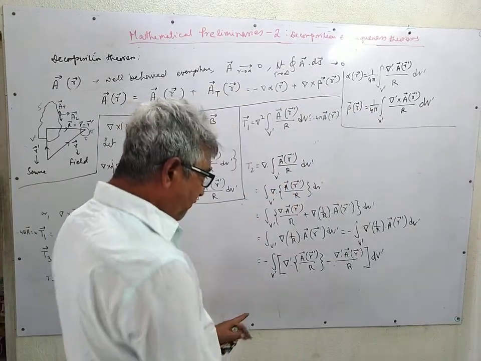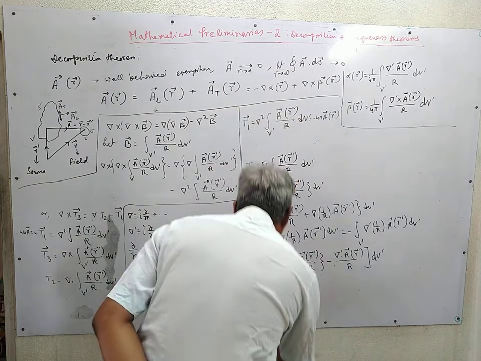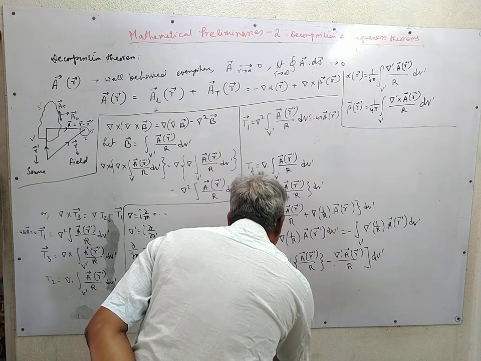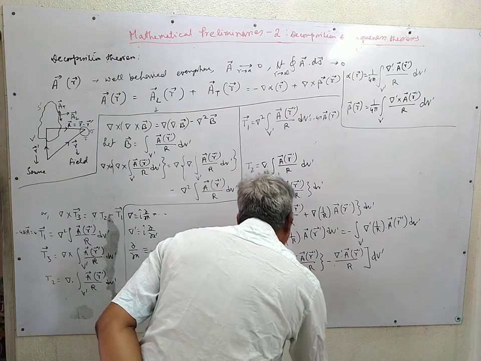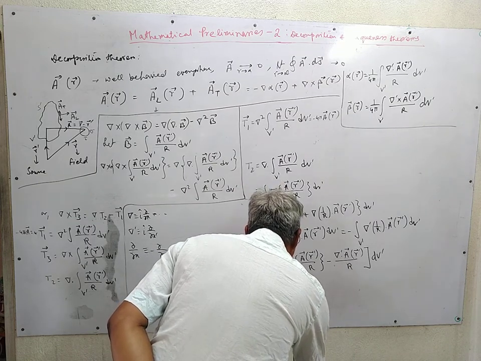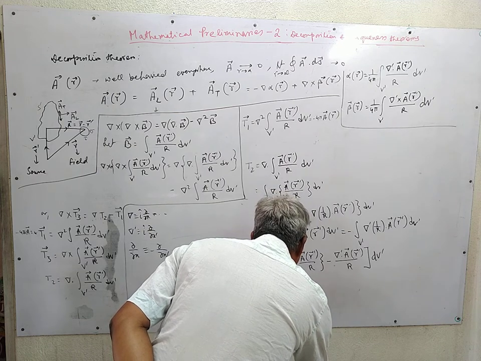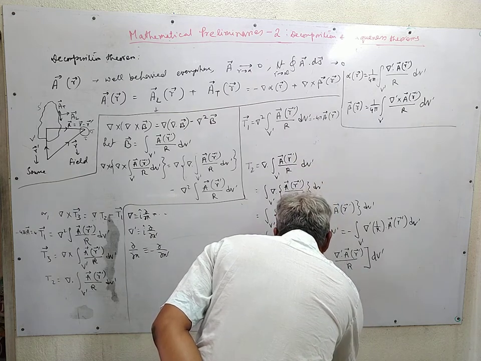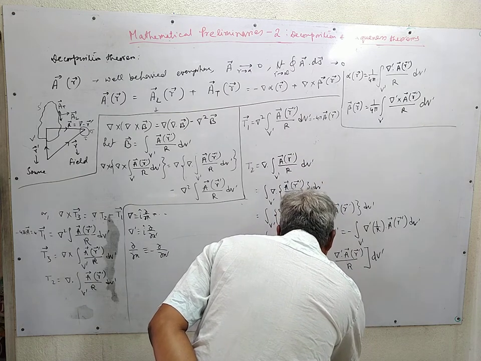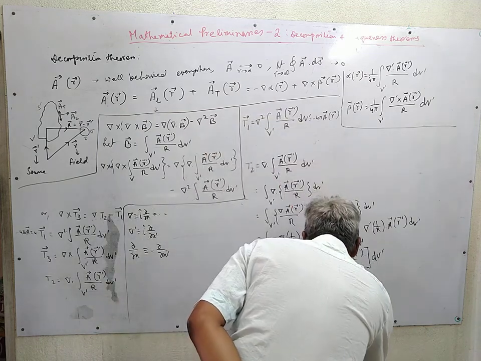We can convert this one into a surface integration, and we get the result that this is minus integration over s prime, and this 2 minus n makes it plus.